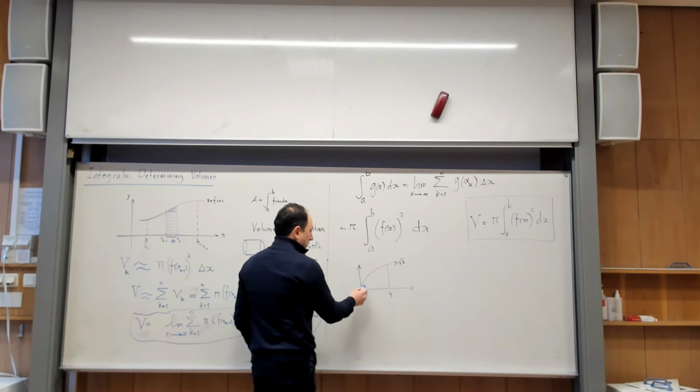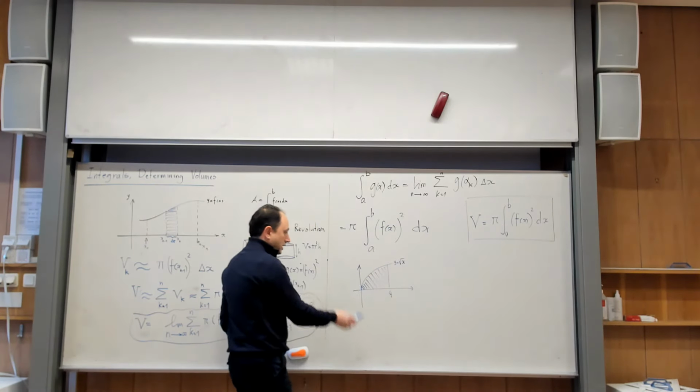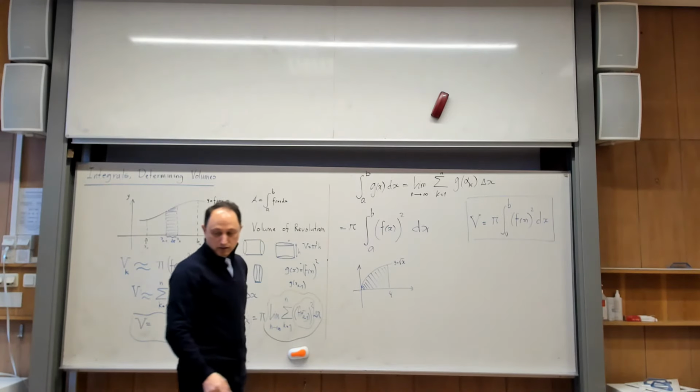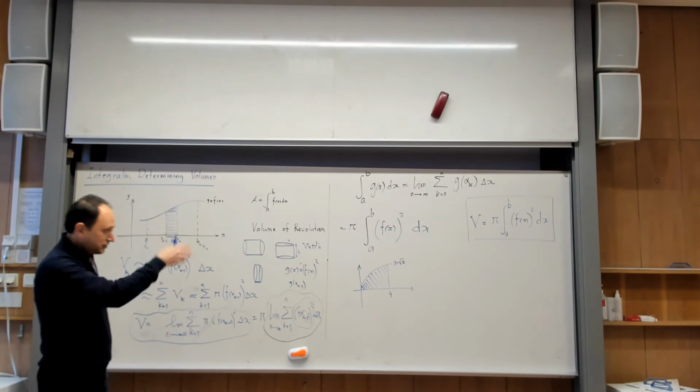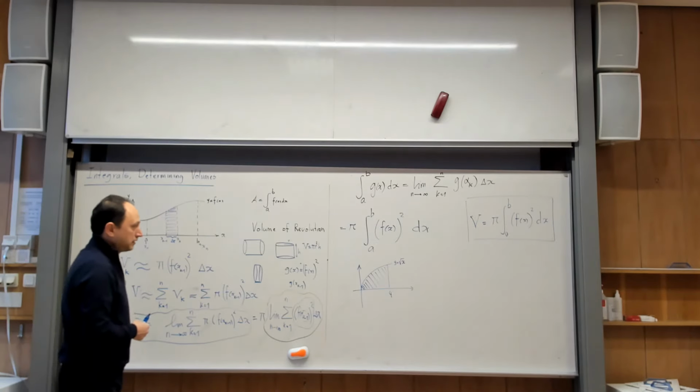I take this area and rotate it about the x-axis. You can imagine in your head what would be that volume. You want to find the volume of that solid object.